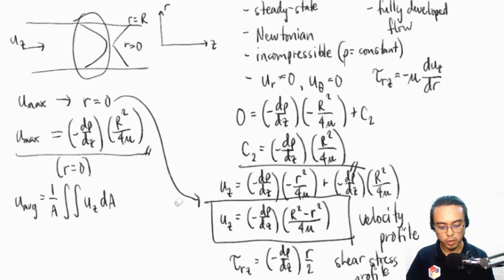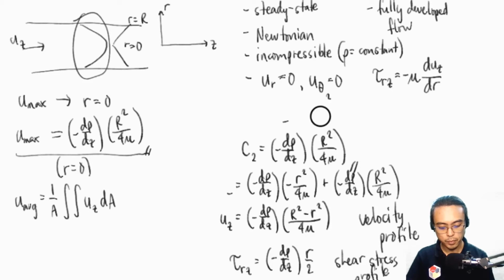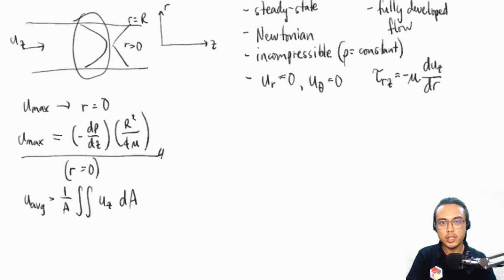Okay, let me first erase some of these things. So in this case, our differential in area will become r dr d theta. So it's like determining the volume of rotation of a surface, no? And then the area in 1 over A is the cross-sectional area of the pipe, and that is pi r squared.